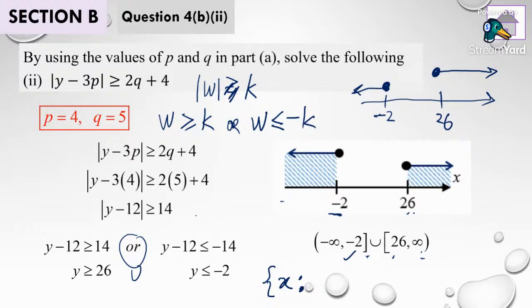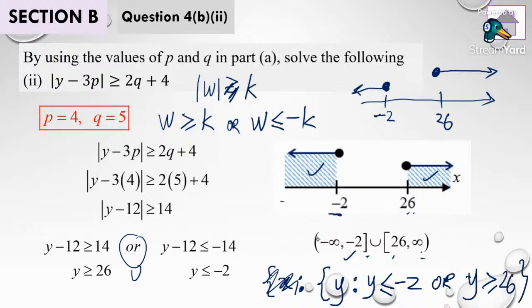Sorry, it's not X, it should be Y. So curly bracket, Y less than or equal to negative 2 for this on the left, or Y greater than or equal to 26.